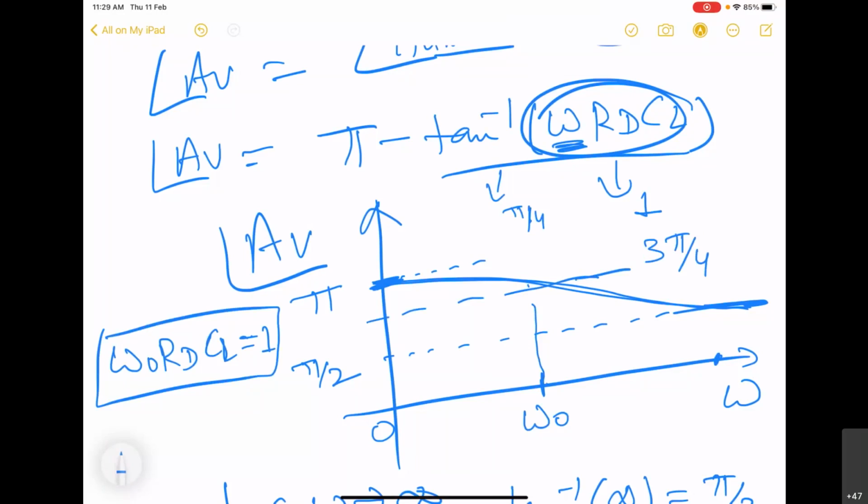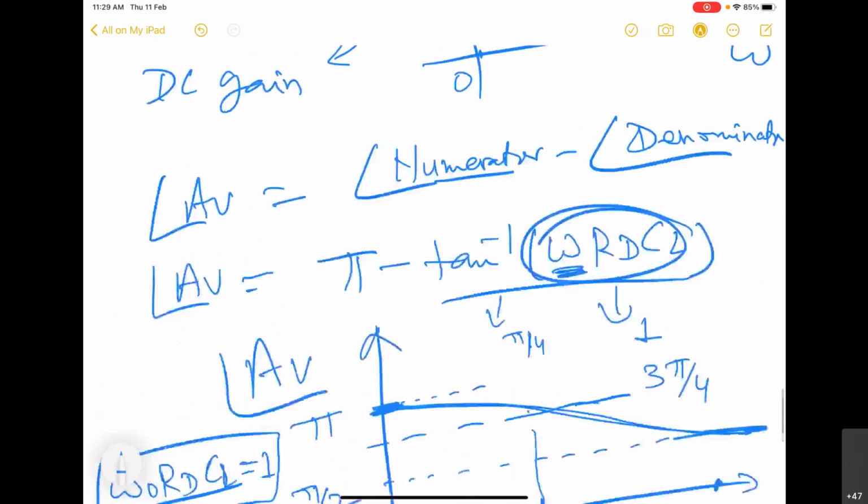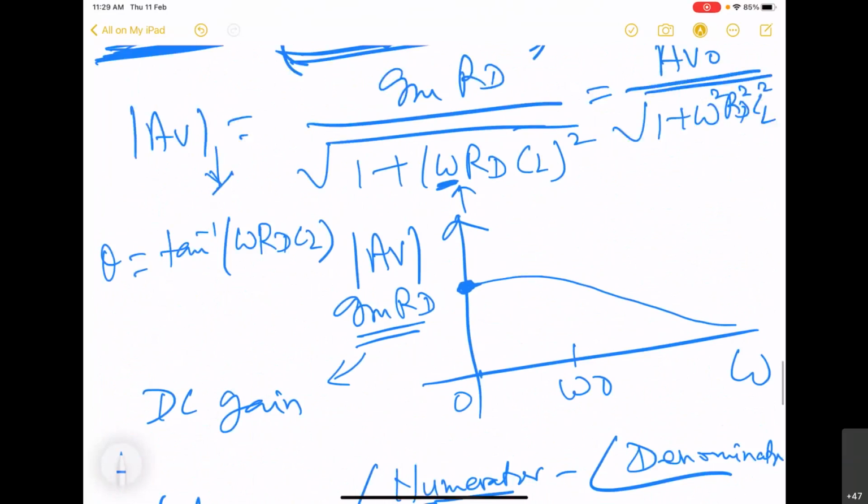So we say that this is the transition frequency. Before this the phase will be high, after it the phase will be low. This frequency omega naught, equal to 1 by RD CL, will have influence on the magnitude response also, because for that case this value is going to be equal to 1, so Av is going to be Av0 divided by square root 2.